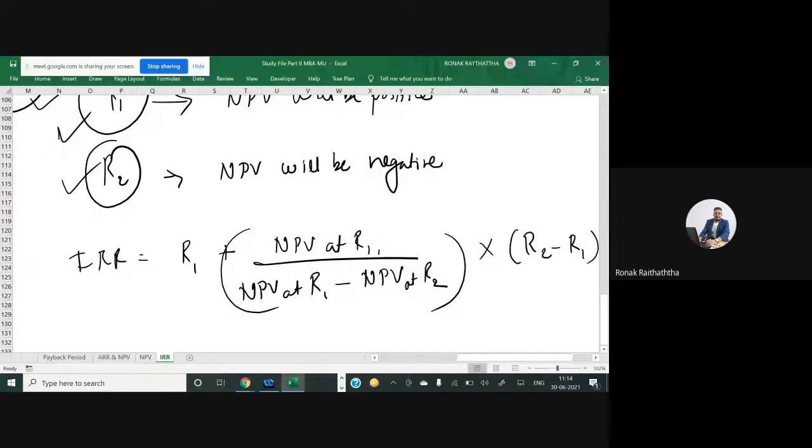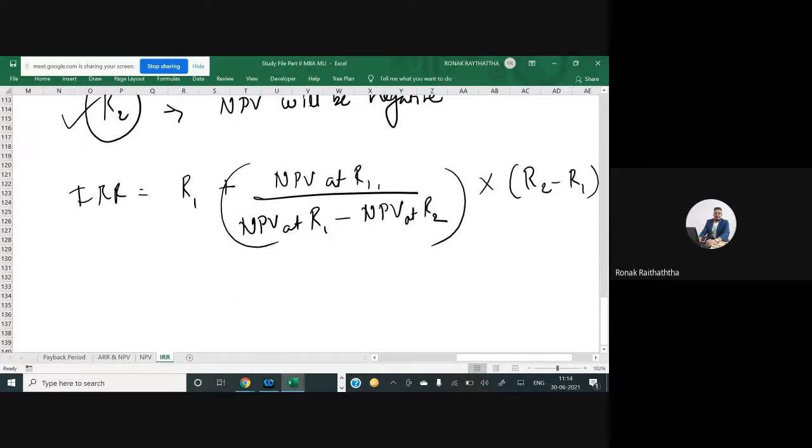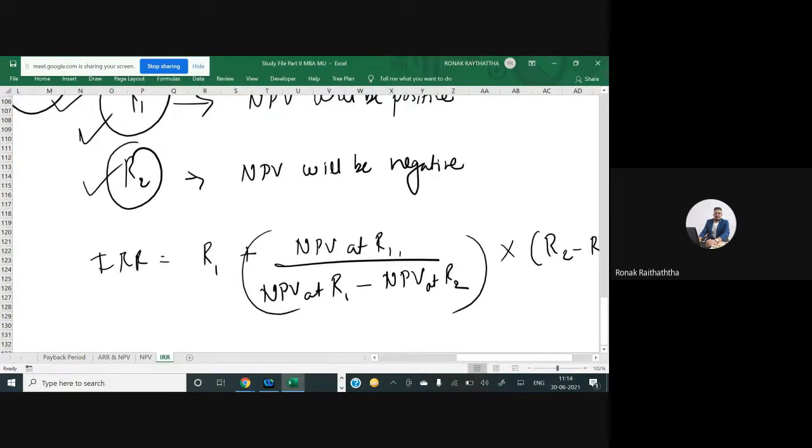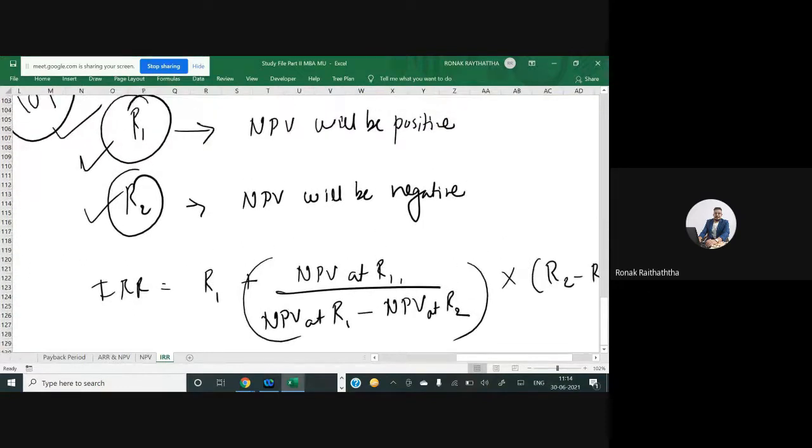This is the IRR interpolation. A very simple meaning. Let me just again conclude it to you. I want to go entirely logical. I don't want to rote learn this. Rote learning will not get you anything. You should be absolutely clear with the analytical aspects.